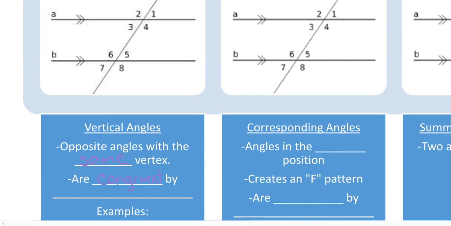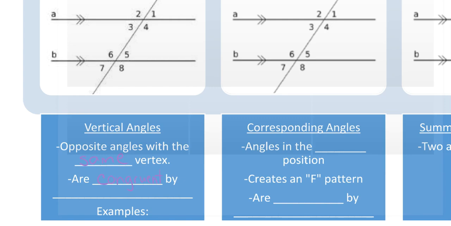And they are congruent by the transformation rotation. So if we look at our diagram, I'm going to focus primarily on this vertex for now. If I look at 1, 2, 3, and 4 in my angles, angle 1 is opposite angle 3.